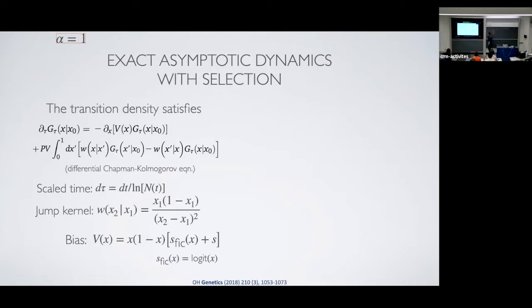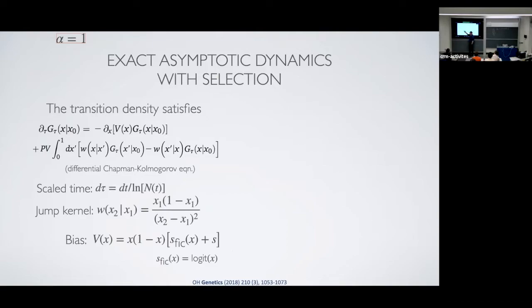So the exact dynamics can be described in terms of the transition density, G of x naught, which is the probability density to go from frequency x naught to x in a time span tau, where tau here is the scaled time.